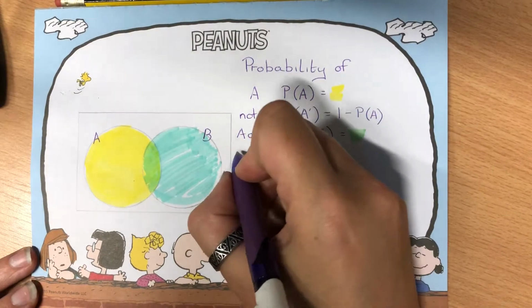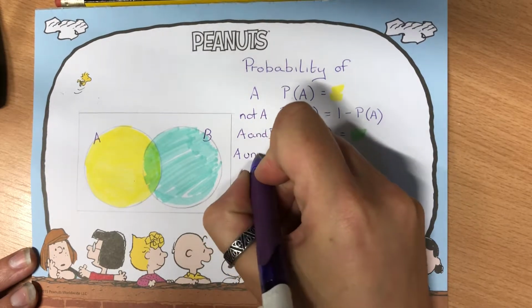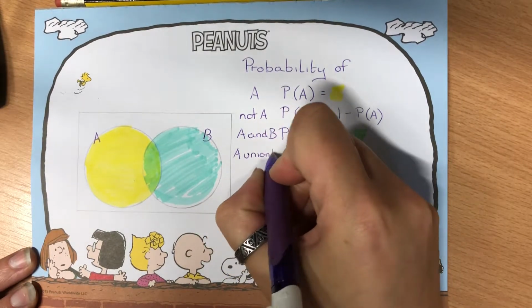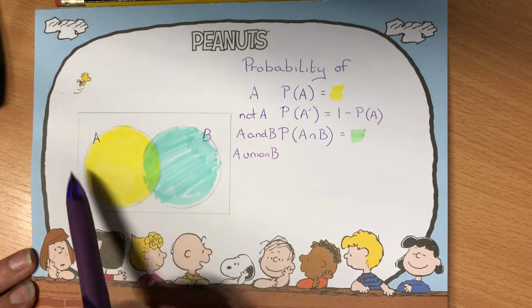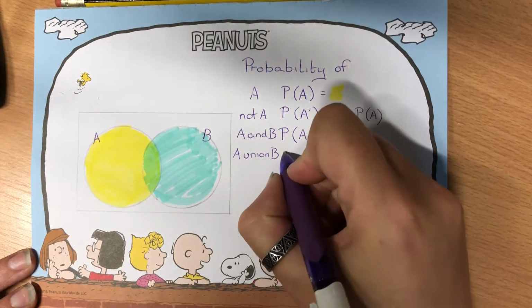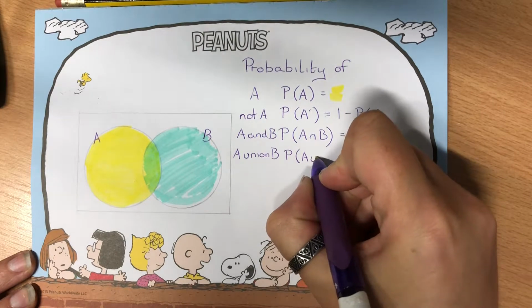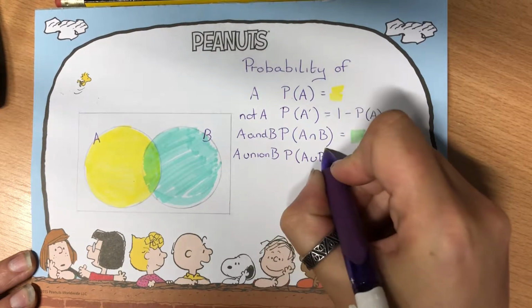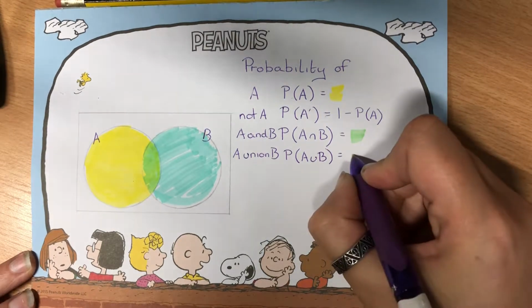So we can also do a union. So A union B is all of the stuff that's coloured in. So we write that as the probability of A union B. So that is everything coloured in.